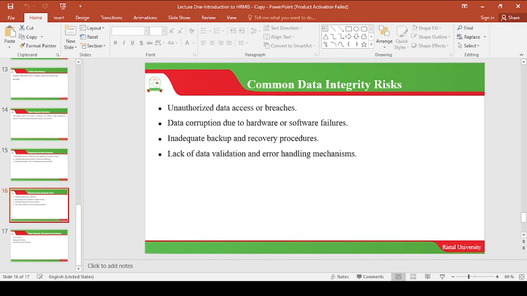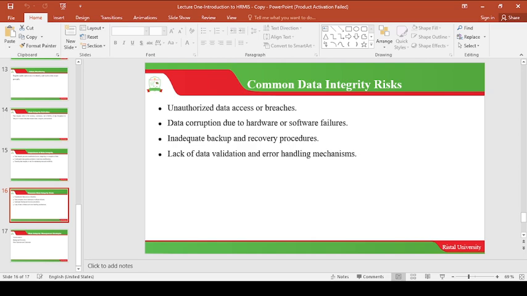Then we have lack of data validation and error handling mechanisms as another risk. If you don't have a mechanism to handle errors, and don't have a mechanism to validate data, then you are most likely to have risk in managing data integrity. For example, someone comes in with a fake document, and you store that data, you keep it. It means you have kept a forged document.